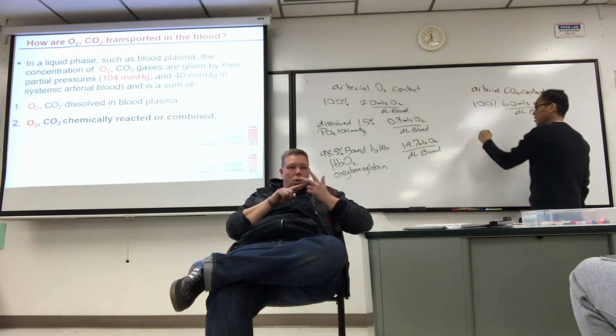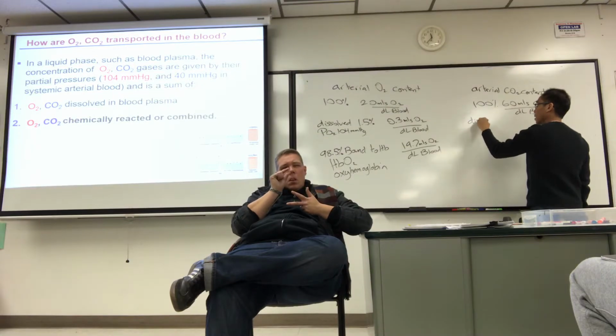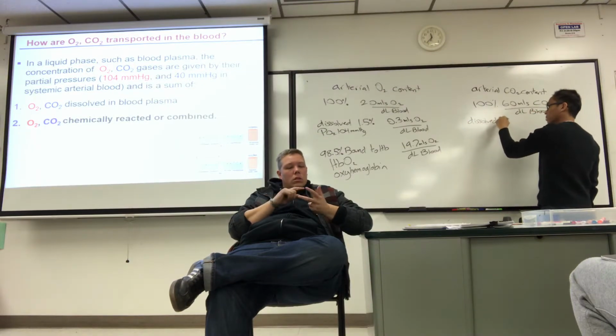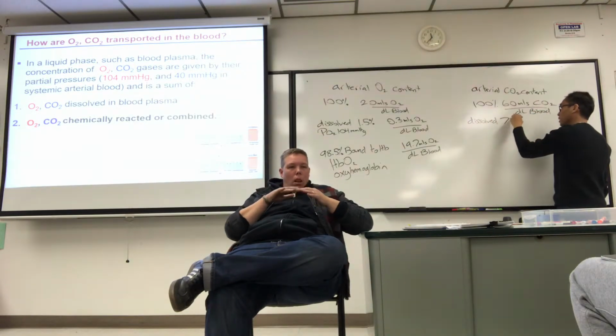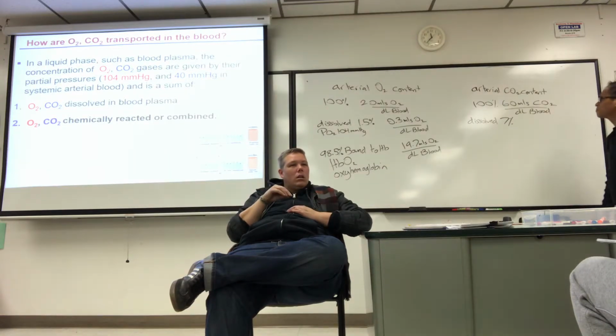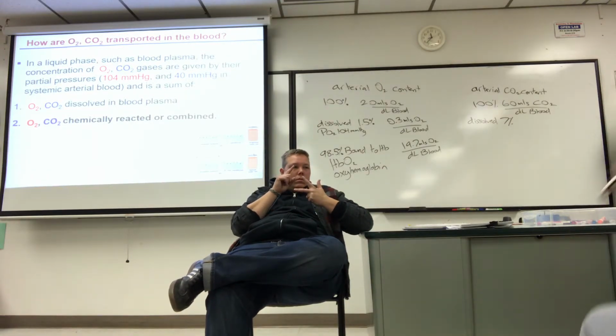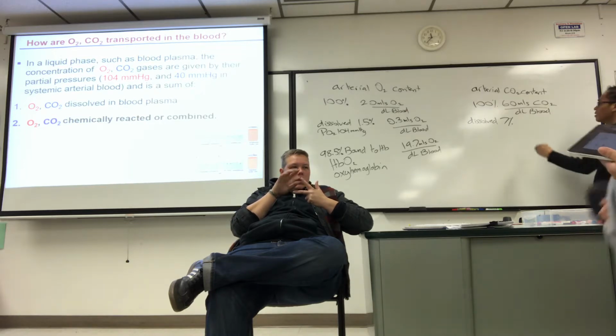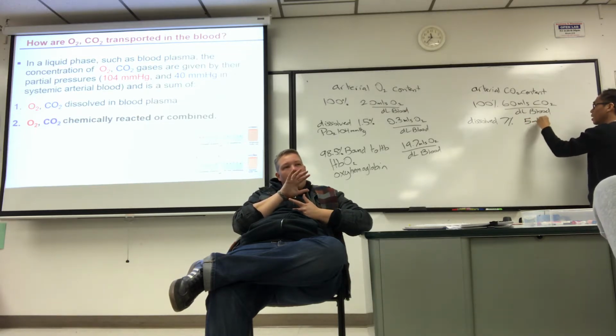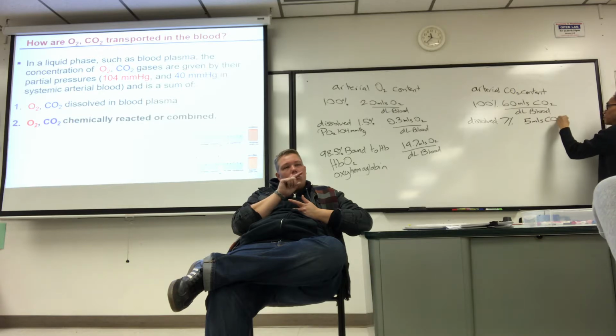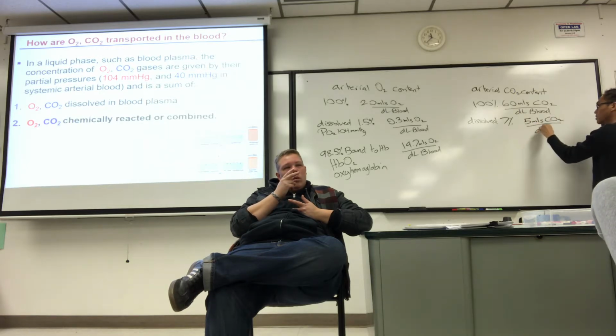A small percentage is dissolved, just bubbled in like soda pop. It's about 7%. So that's about 5 mils CO2 per deciliter of blood.